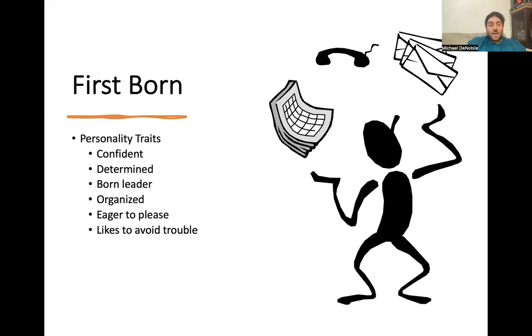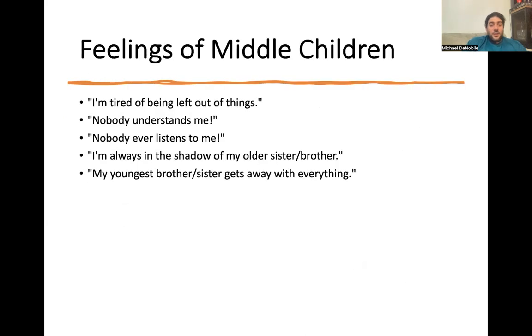They tend to be organized because they couldn't mess up things. If they messed up things, mom and dad were gonna make them clean them up. They're also eager to please, they're people pleasers, and they like to avoid trouble because they know if they don't follow the rules, they're gonna get in trouble. So they avoid that by being a rule follower.